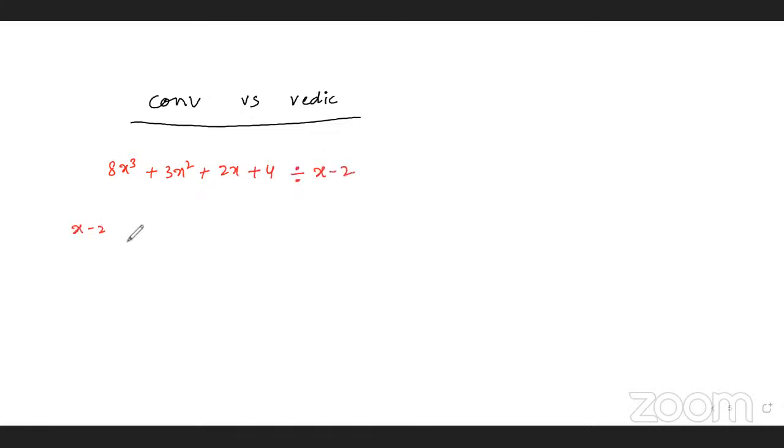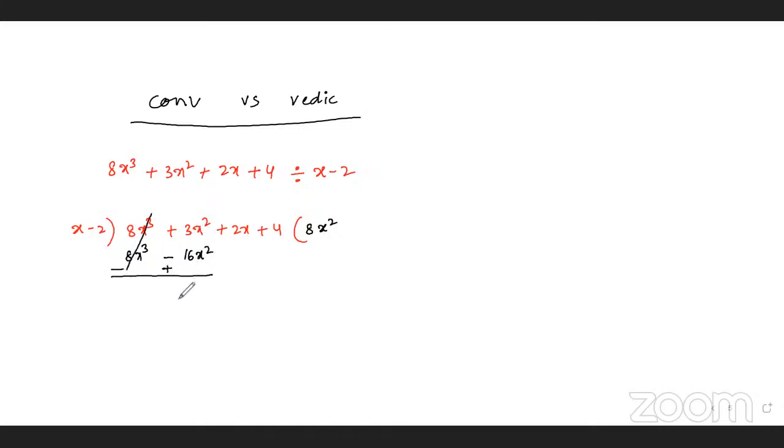So x minus 2, 8x cube plus 3x square plus 2x plus 4. Then we are getting here 8x square. So 8x cube minus 16x square.